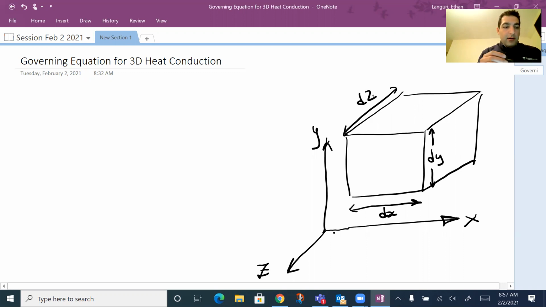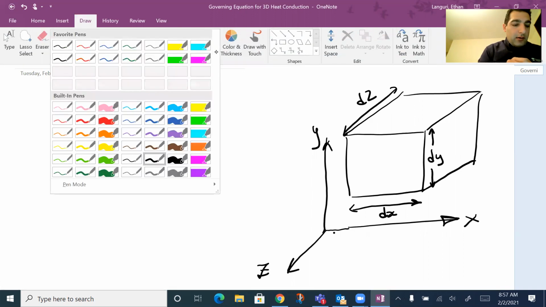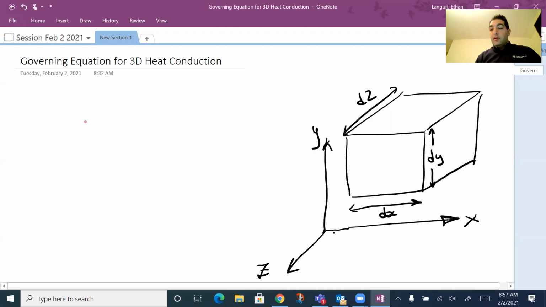finite element. Now, let me show you in another color the heat into the element and heat leaving the element. Similar to what we can do for 1D heat conduction.